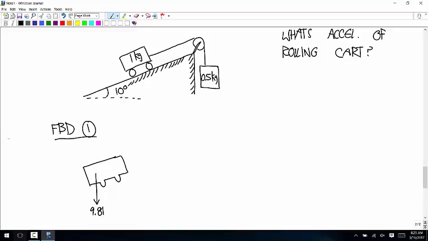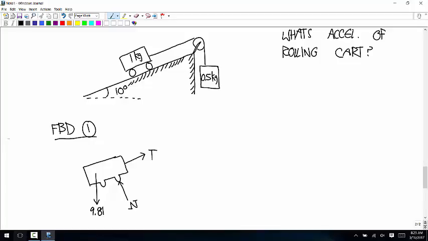And then the normal force is like that, perpendicular to the surface toward the chosen body. And there's one more force. The cable force, yep. So that's parallel to the cable, away from the chosen body.